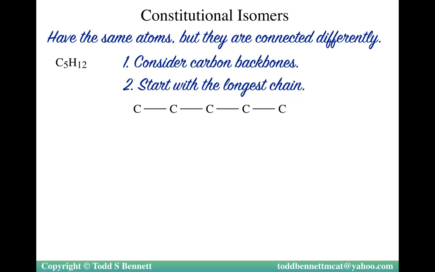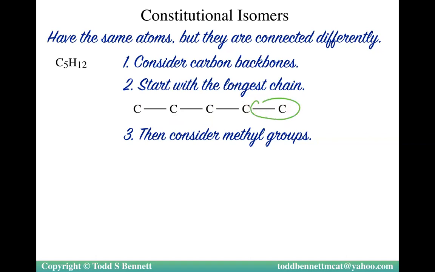But what I can also do is reduce the chain by 1. So basically consider, instead of 5 carbons, 4, and use the extra carbon as a methyl. So this one here, I'm going to attach at a different spot, like right there. So my longest chain, instead of being 1, 2, 3, 4, 5, is now 1, 2, 3, 4, and a methyl.